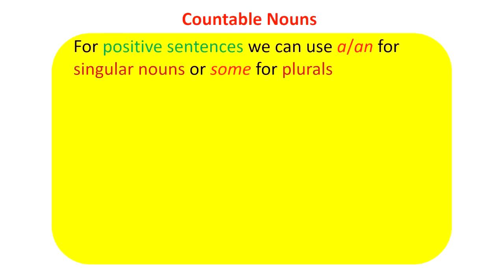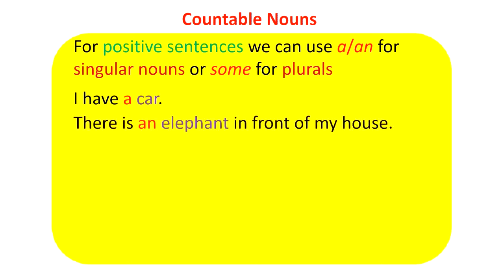For positive sentences, we can use a or an for singular nouns or some for plurals. Like, I have a car. In this positive sentence, car is singular, so we used a with it.